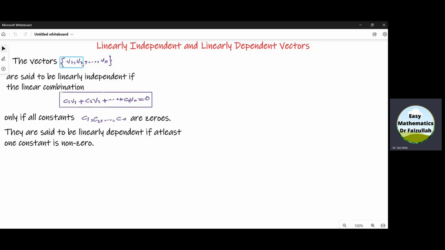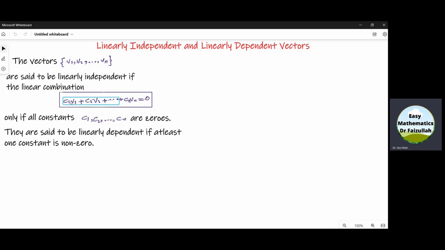Now, to determine whether these vectors are linearly independent or dependent, we shall put this linear combination equal to a zero vector. And from this we shall get a system of equations.